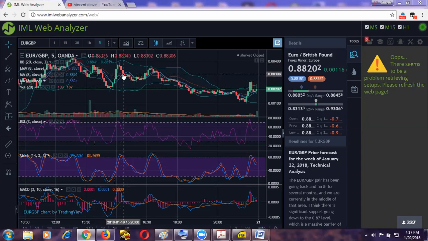Then this is the third candle. You can see that it forms and closes below the moving average. That is your entry point. Enter here, take profit of 5, stop loss of 20. You can see it goes all the way down.